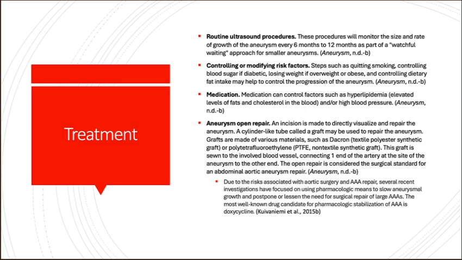But there are a lot of risks associated with aortic surgeries. So there's also some studies going into looking at the use of doxycycline, which is a tetracycline antibiotic, and it's used to help stabilize the aortic aneurysm.